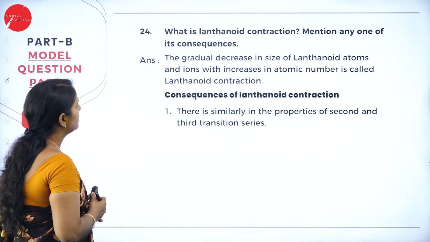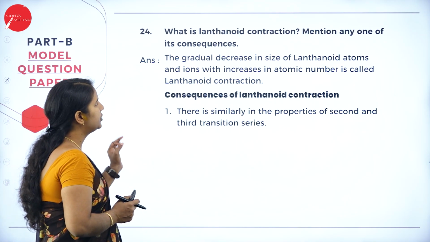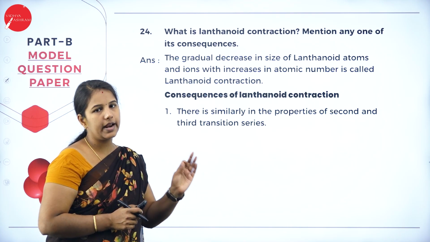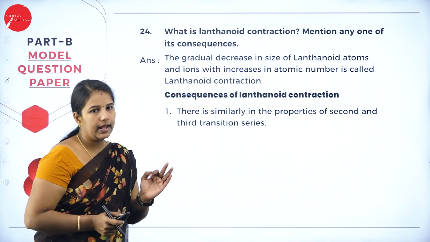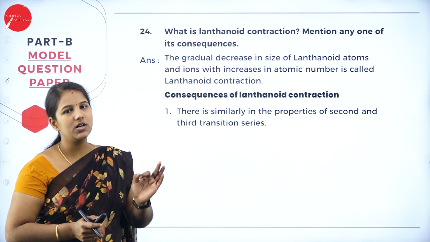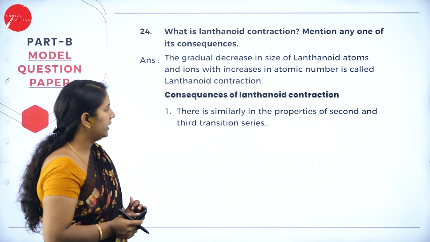Okay. Next, what is lanthanide contraction? Mention any one of its consequences. You must write what is a lanthanide contraction. So, we know that lanthanide contraction is nothing but gradual decrease in atomic size. Correct?